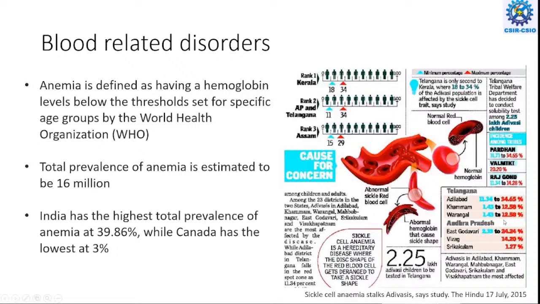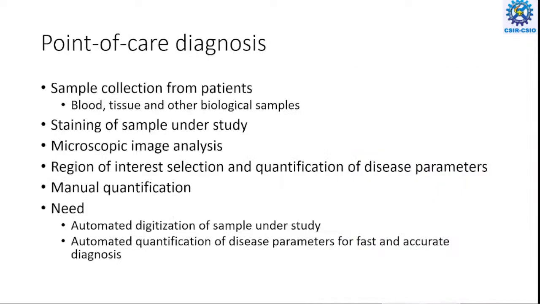So we need to take care of the screening of these diseases using a microscope in a rapid and accurate way, so that reporting can be done and preventive measures can be taken. There are some point of care diagnostics also available. Basically, blood, tissue and other biological samples are collected, the sample under study is stained, and it is kept under a microscope.